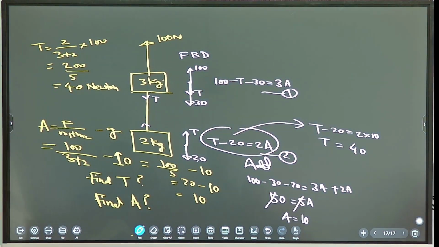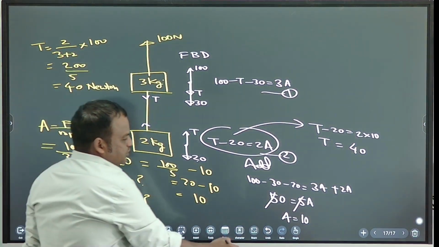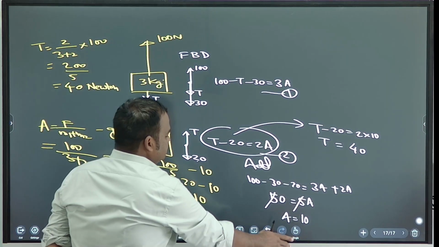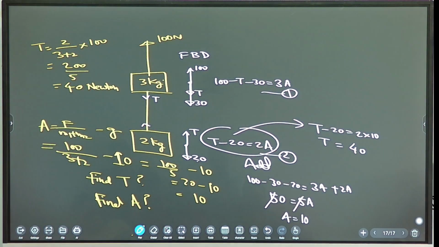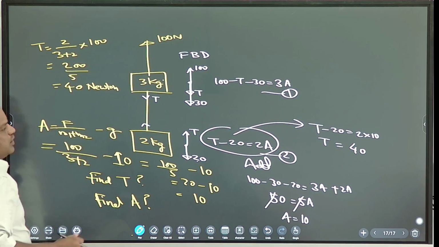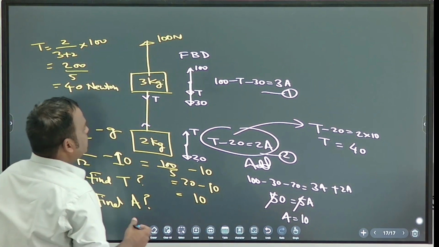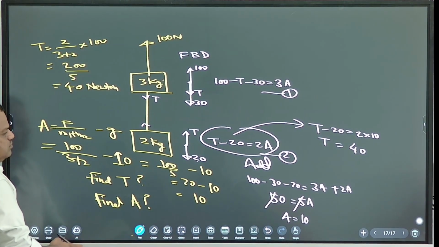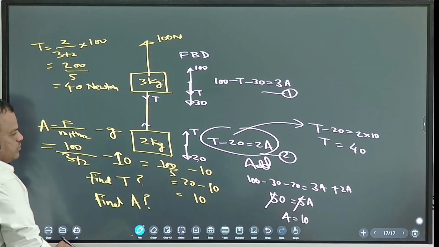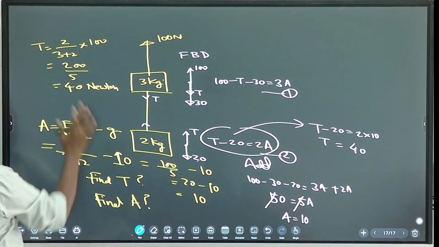Okay, so this is the two blocks pulled upward. Now I can give three blocks also. Then you have to combine two blocks, so use the direct formula.